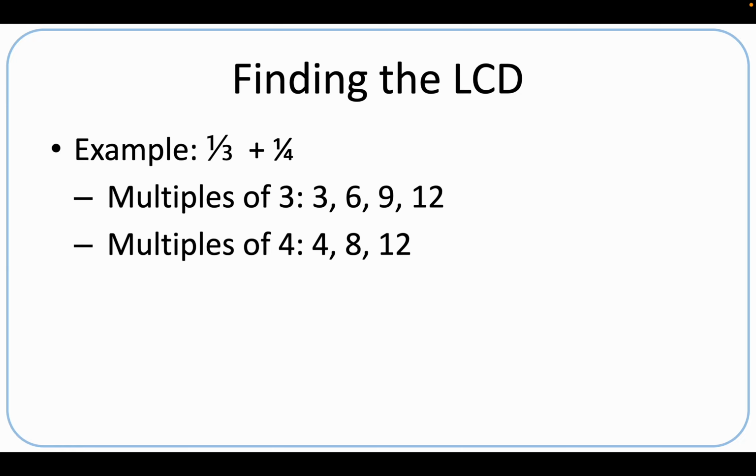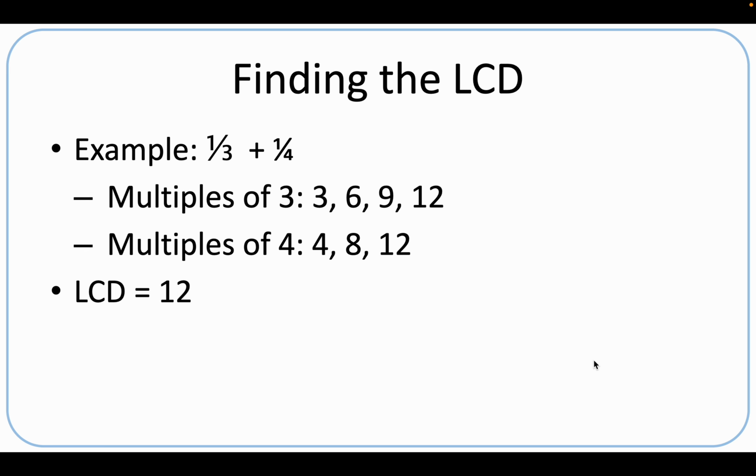And we see that the first number that they have in common as a multiple is 12. So that is the least common multiple of 3 and 4. Therefore, our least common denominator is going to be 12. If you need a refresher on how to find the least common multiple, you can go back to lesson 20.